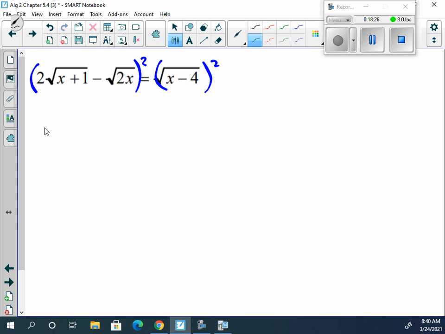Now, out of these two, the right-hand side, where we just have the square root of x minus 4 squared, that square root and square will cancel. So on this side, we're just going to have x minus 4 because these do cancel.